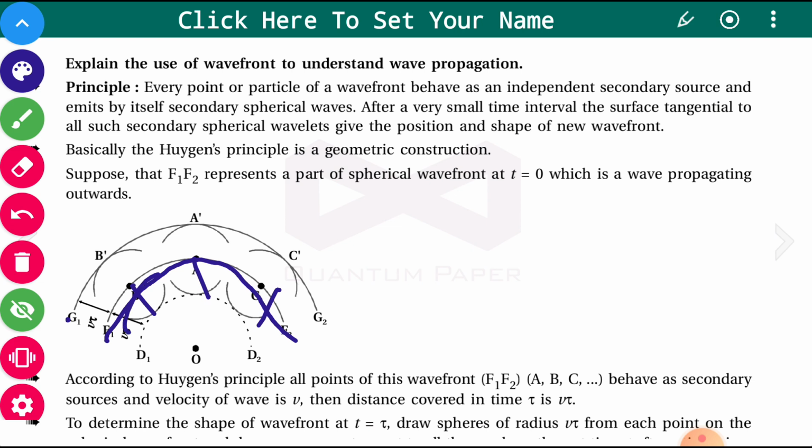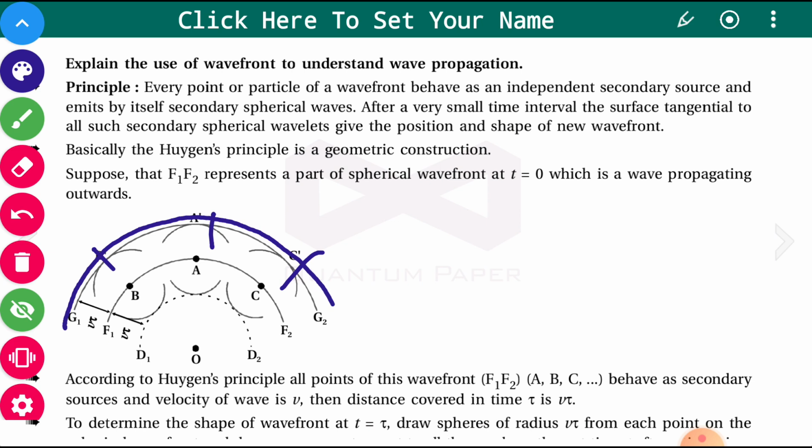These secondary waves will again travel, and then again there will be a wavefront. These particles will behave as secondary sources of waves and again produce secondary waves. Now if you consider these wavelets, meaning the particles on the wavefront, and draw a tangential surface passing through them, that tangential surface will give you the position and shape of the new wavefront.